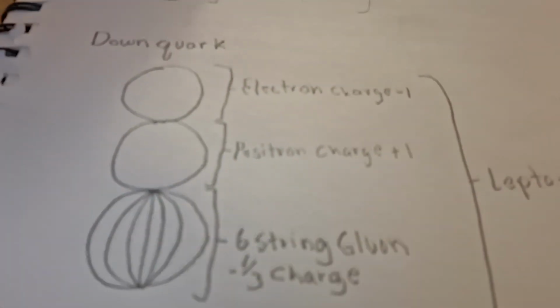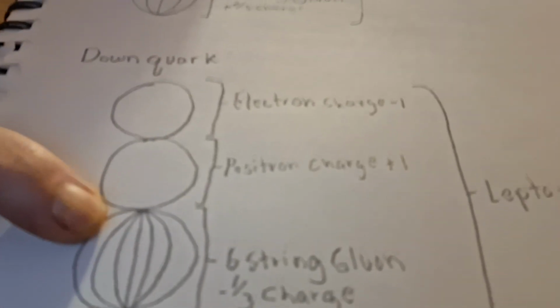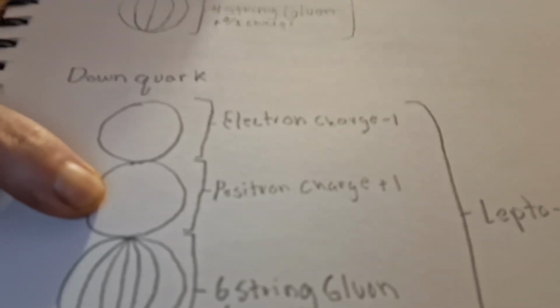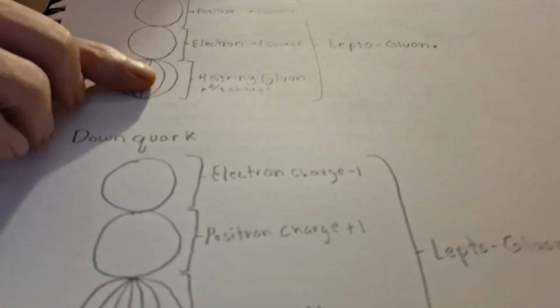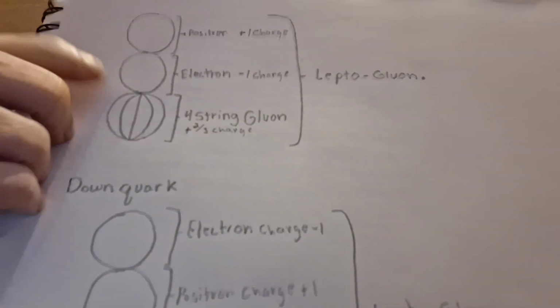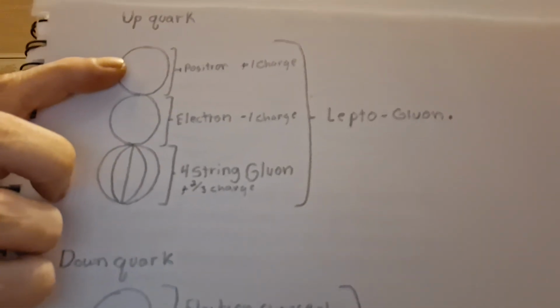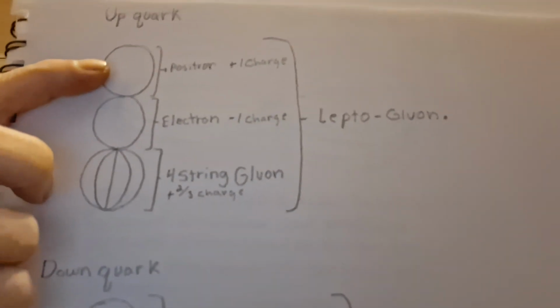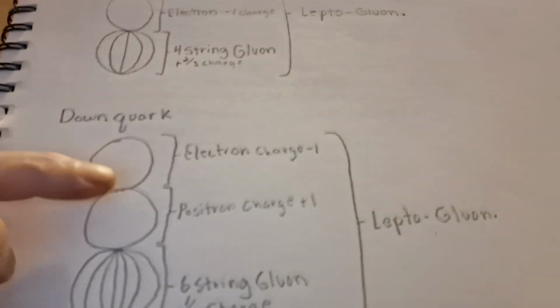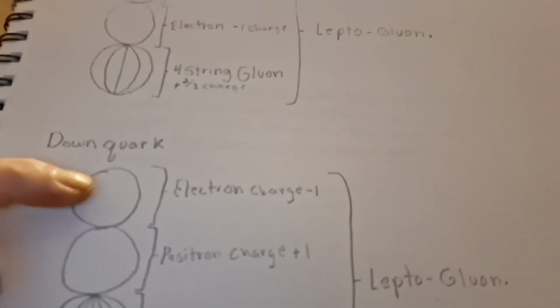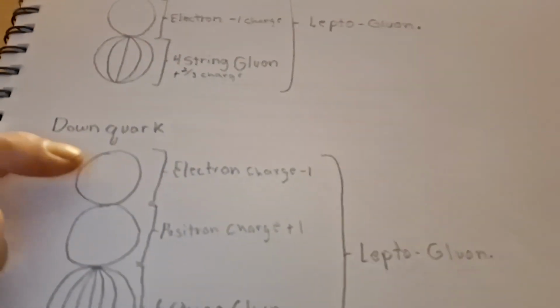This is the gluon. This is the bonded positron, and this is the electron. This is the 6-string gluon. This is a 4-string gluon. This is the electron, and this is the positron. The positron is the end lepton in the up quark, and the electron is the end lepton in the down quark.